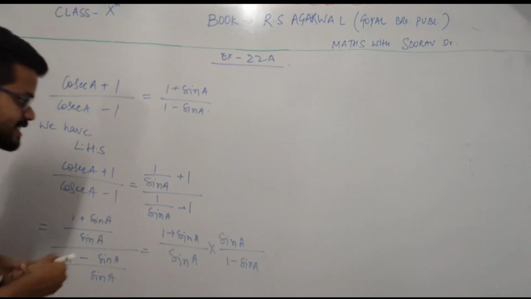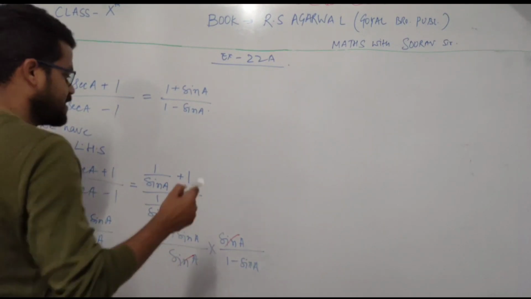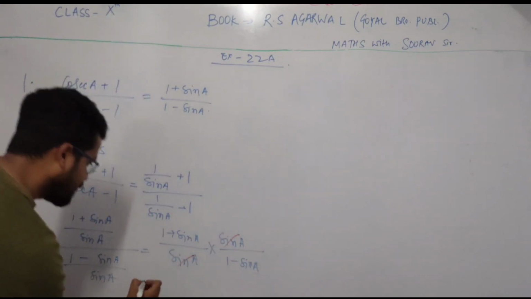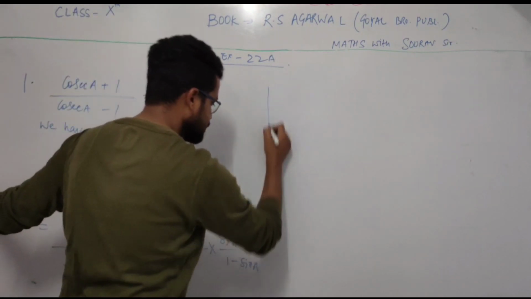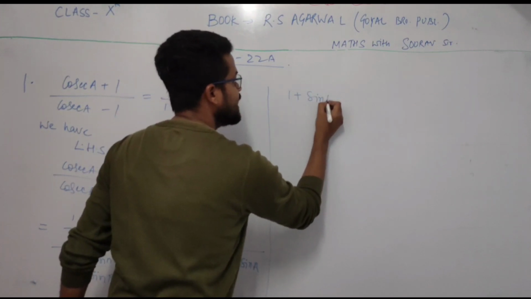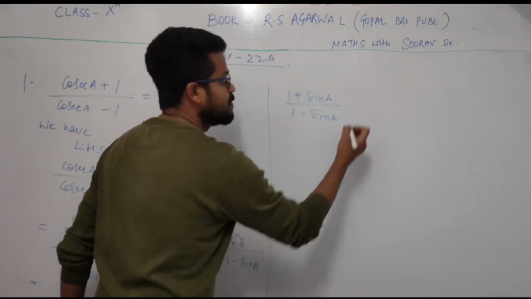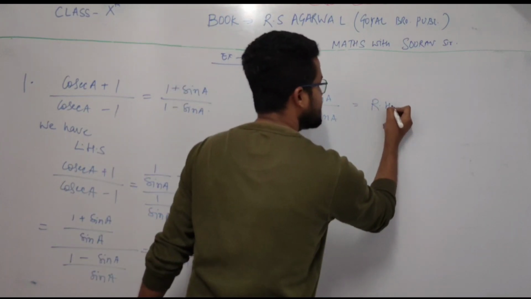The sin a and sin a cancel out, so the final term is 1 plus sin a upon 1 minus sin a, which is equal to the RHS.